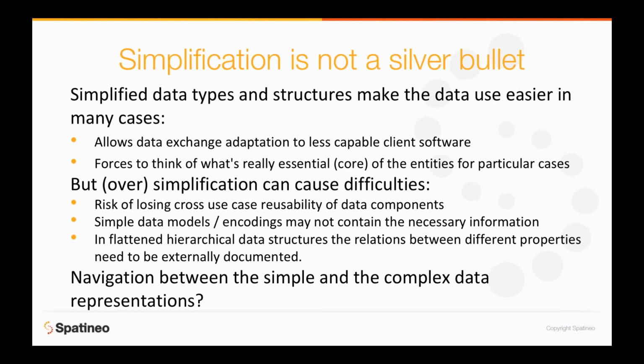The simple data model encodings might not always contain the necessary information for all the use cases. That's clear. If you leave something out, if you restrict it in a way, for example, which is the case with GeoJSON, that it doesn't support more than one coordinate reference system, and it actually doesn't support anything else than CRS-84.